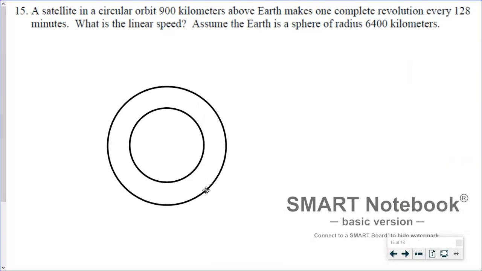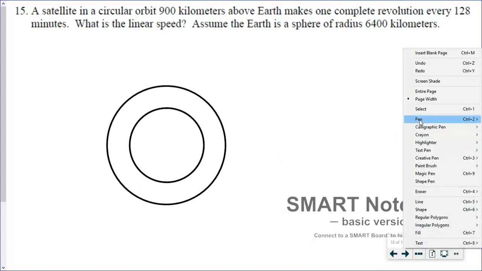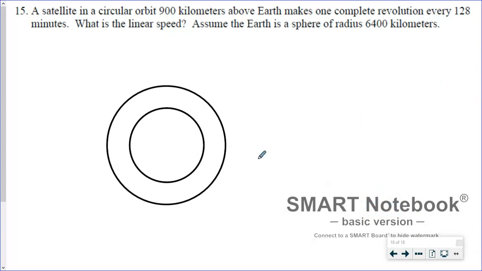So there's a circular orbit around the Earth. It tells us that the Earth is a sphere with a radius of 6,400 kilometers, and then it says that the satellite orbit is 900 kilometers above Earth. So we add these together to get my total radius, which will be 7,300.